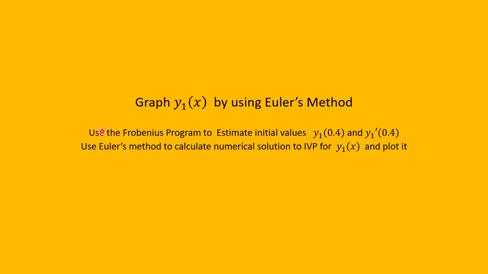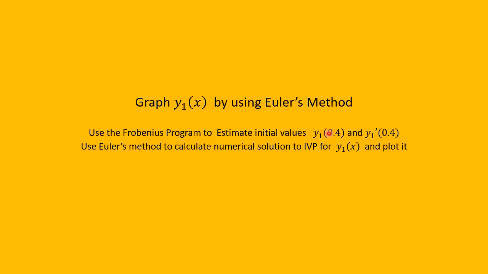And so we're going to use that Frobenius program to estimate the values of y sub 1 of 0.4 and y sub 1 prime of 0.4. So we'll use our series to get these estimates.